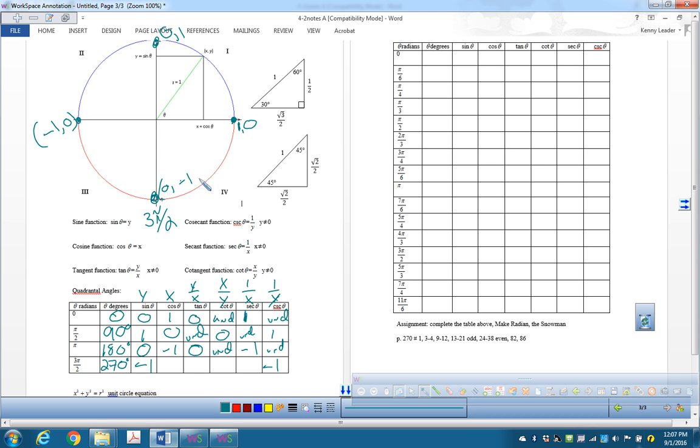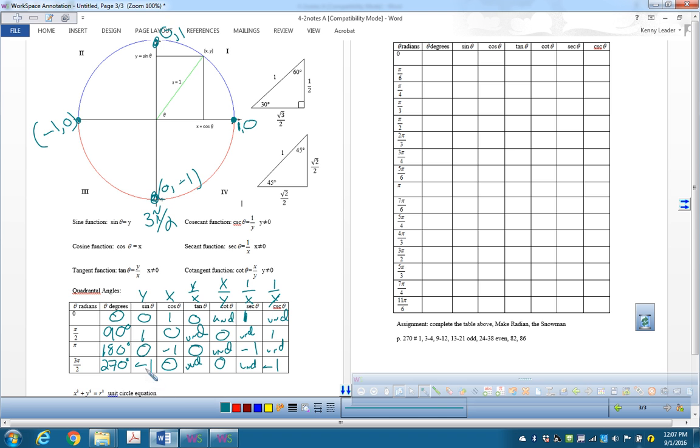And then everything else is going to be the same as these things right here, because 0 over something is still going to be 0. Undefined is still going to be undefined. 0 is still going to be 0. And undefined is still going to be undefined.